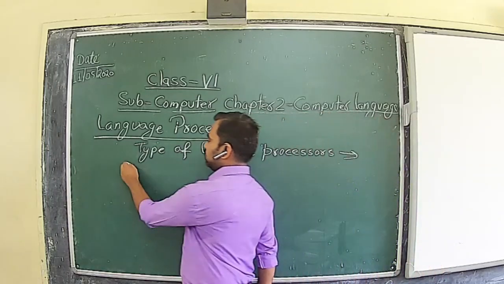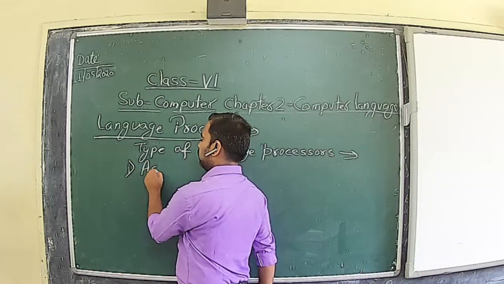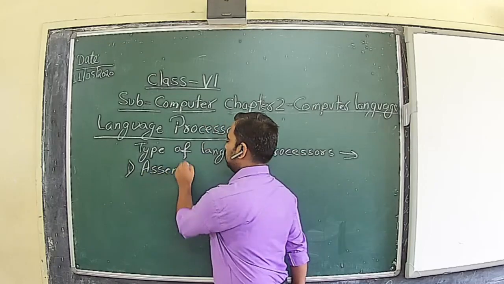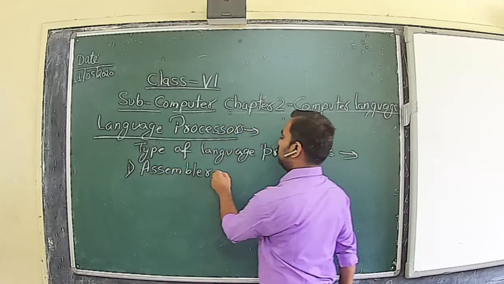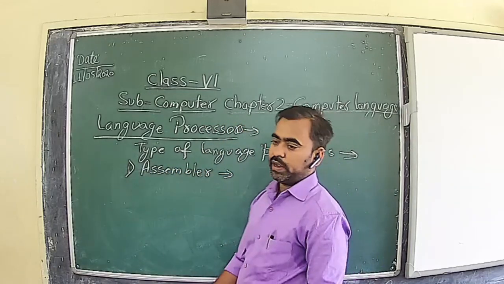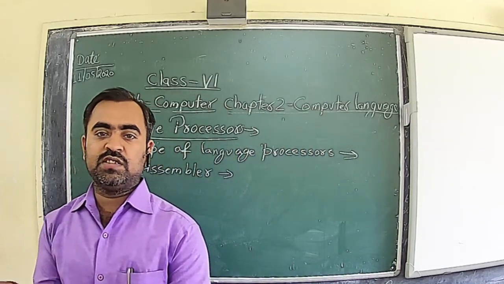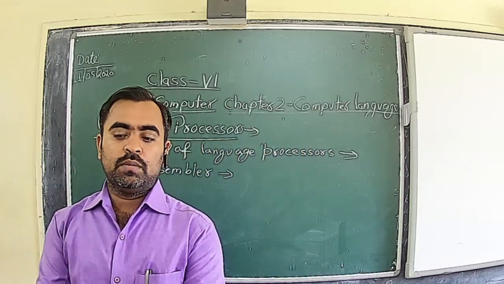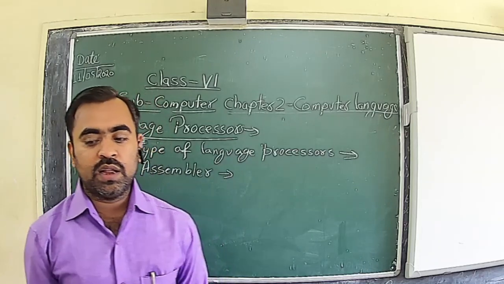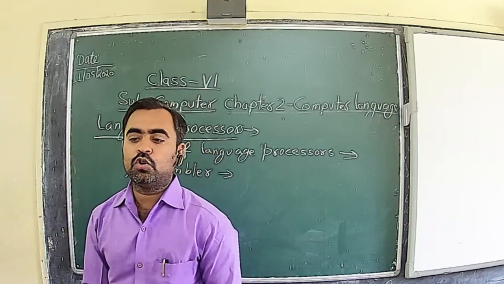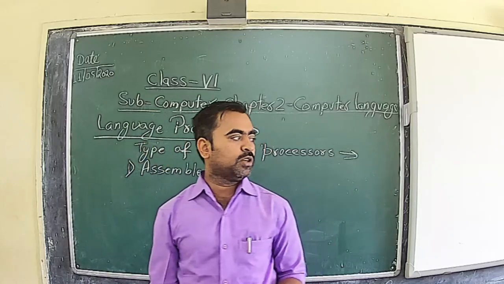The first one is the assembler. The assembler is the translator which is used to convert assembly language instructions into machine code or machine language.